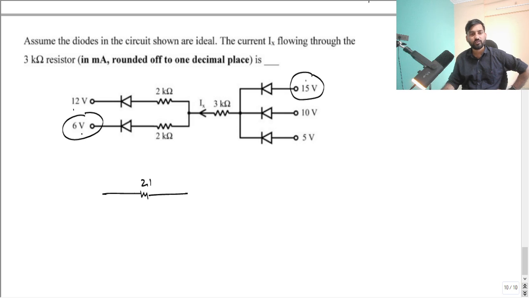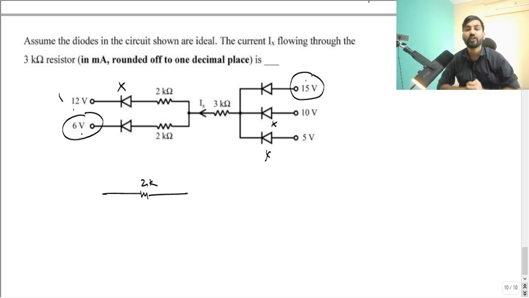This is 2K. Forget about this now. This will not be on, this will not be on, because diodes are connected in parallel, so not all the diodes can be on. Whenever we design digital gates, we always connect diodes in parallel like this.